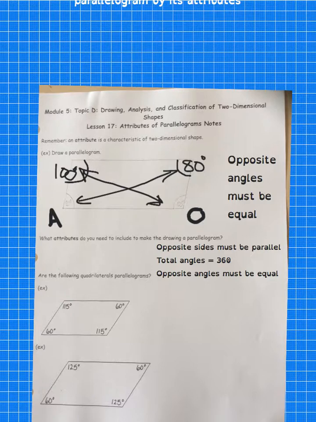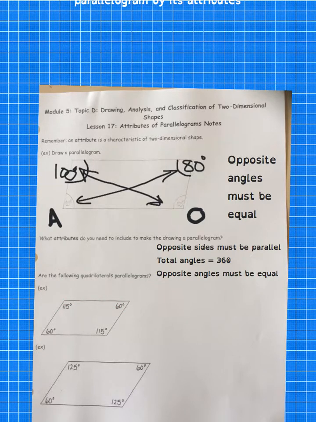Okay, so we're going to see if the following quadrilaterals, they're quadrilaterals because they have 4 sides, are also parallelograms. So we need to check, are opposite sides parallel? Well, this side looks to be parallel to this side, and the base looks parallel to the top, okay?